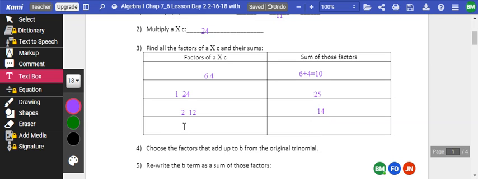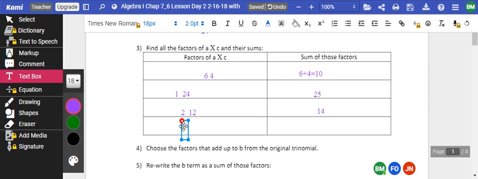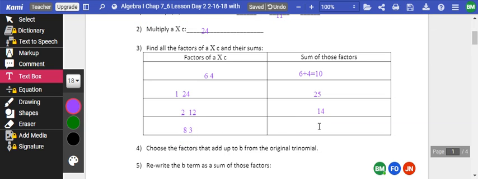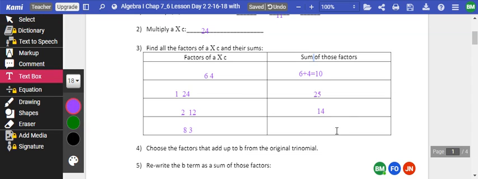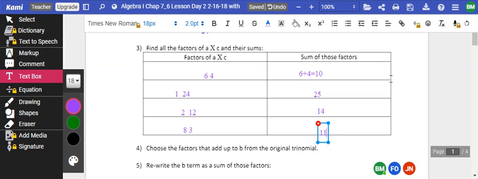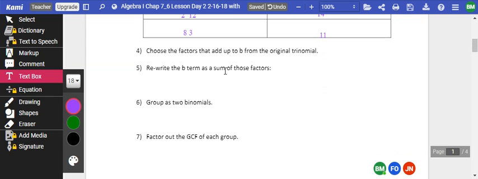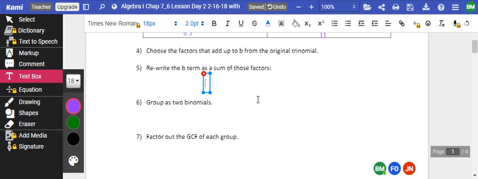And we can do 8 and 3, which gives us 11. So we're going to use 8 and 3. We just rewrite that in terms of those. 8 plus 3 gives us 11.